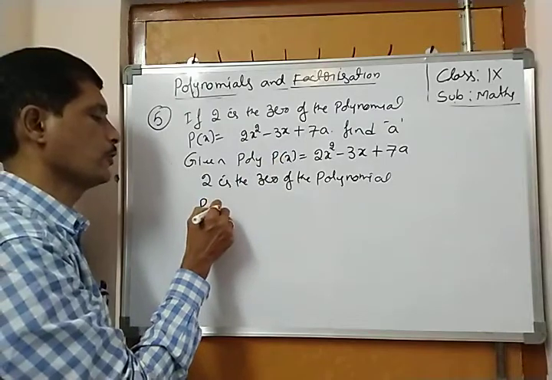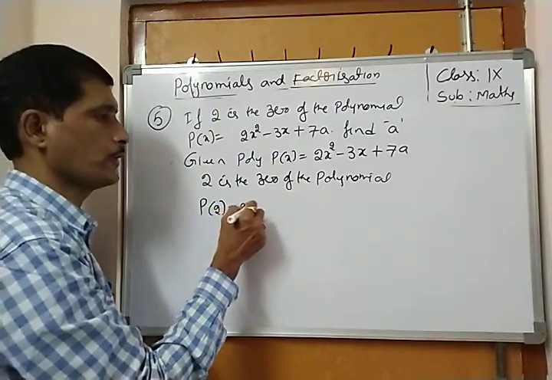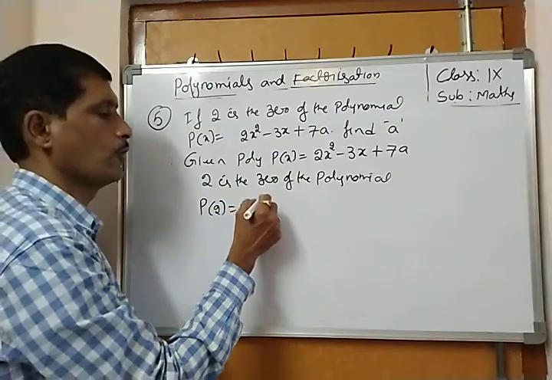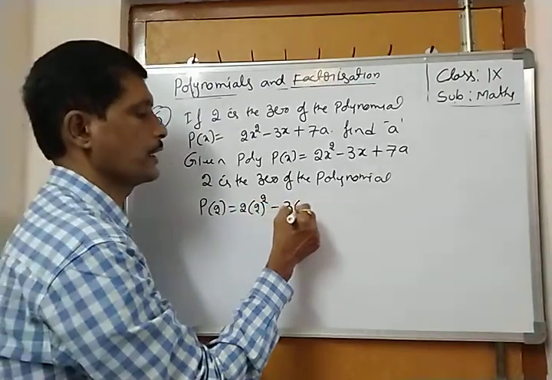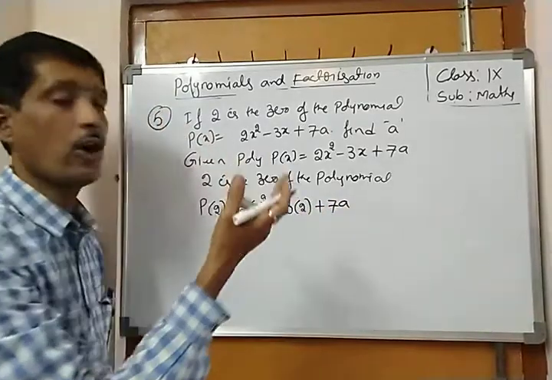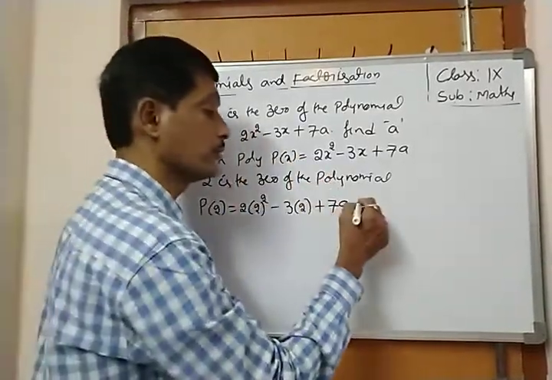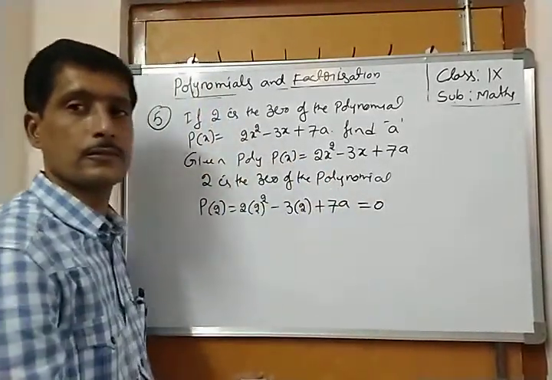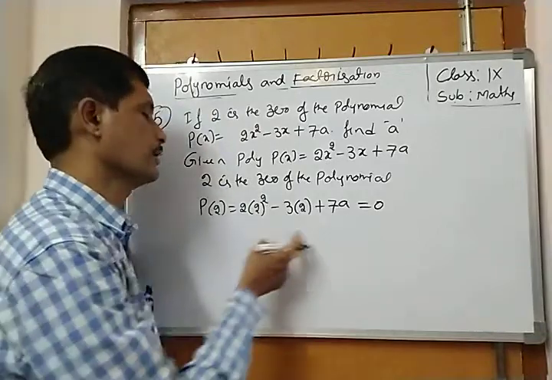P of 2 equals 2 into 2 whole square minus 3 into 2 plus 7a, equal to 0. Then x equals 2 is the 0 of the polynomial, otherwise not.